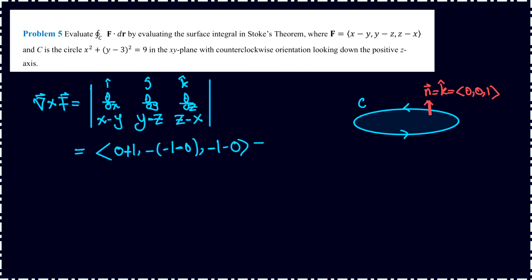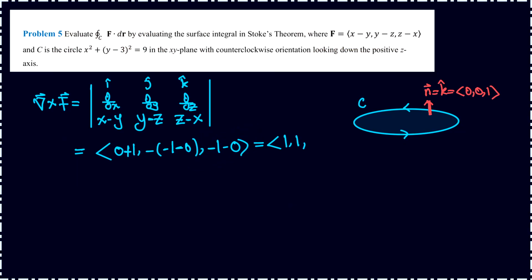Well, we have here a constant curl for this vector field, which is basically 1, 1, and let me just make sure I did the last component correctly.